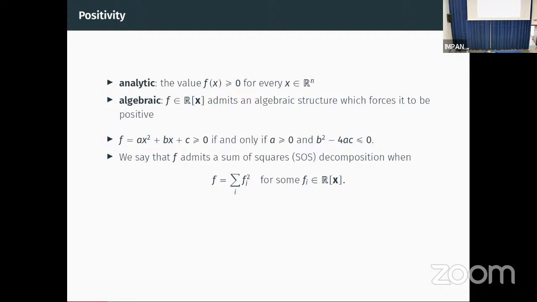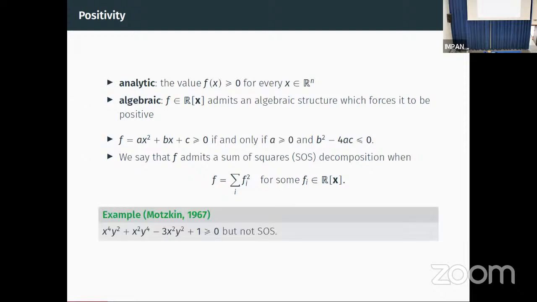So we say that a polynomial admits a sum of squares decomposition, so it is SOS, if and only if f can be written as a sum of squares of other polynomials. And here's a problematic example that you need to hit. It's a polynomial in two variables, x and y, of degree 6.